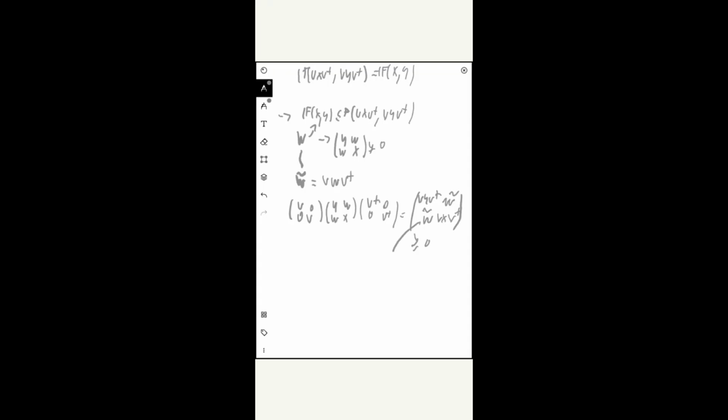So W this is an admissible point for the problem, an admissible point for VXV†, VYV†.